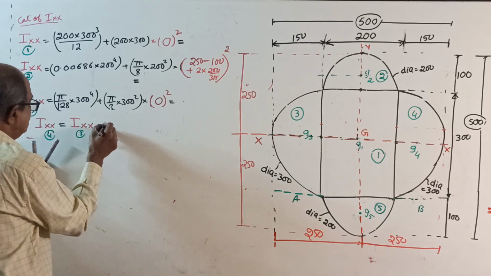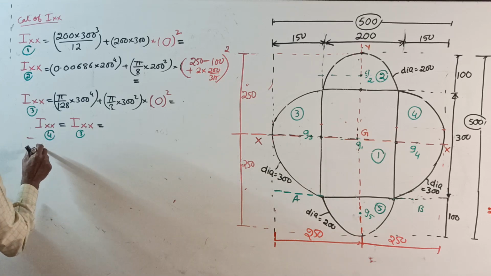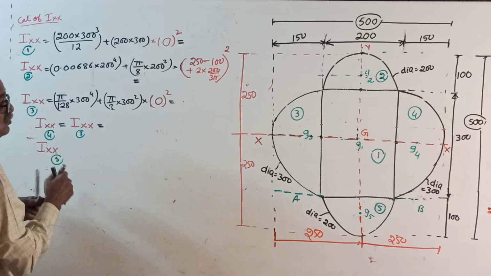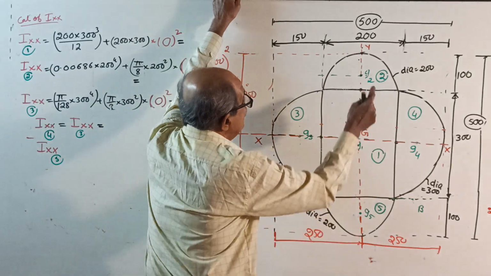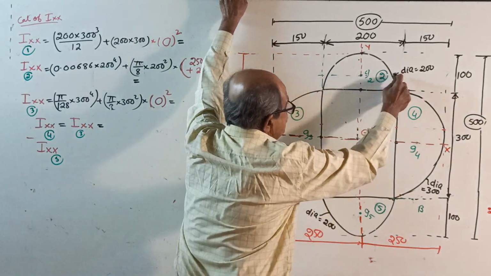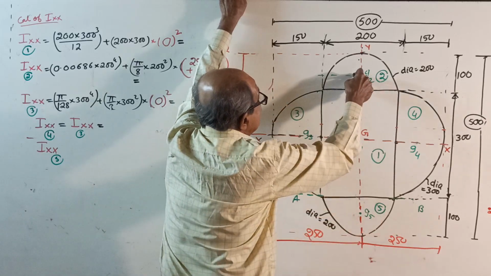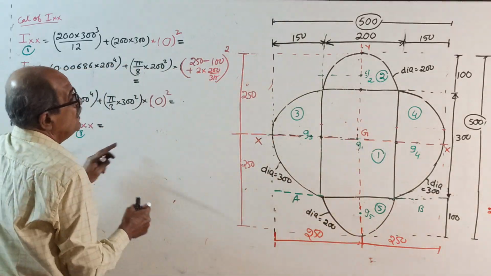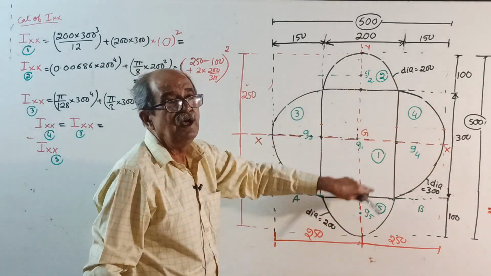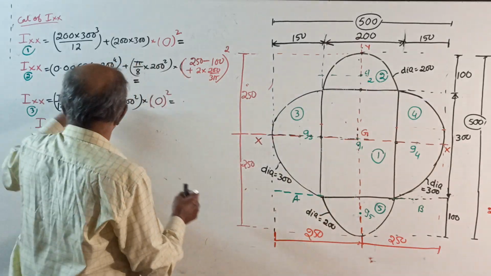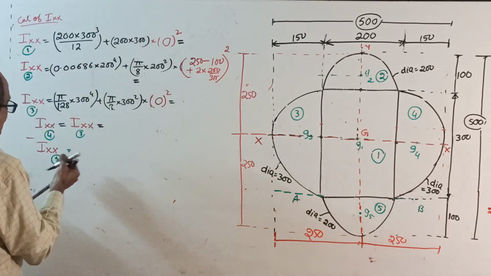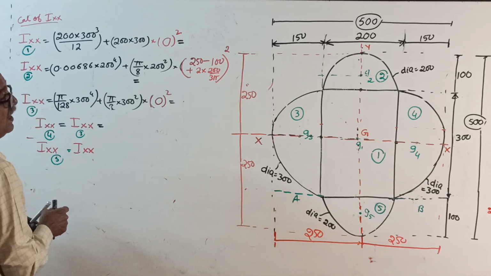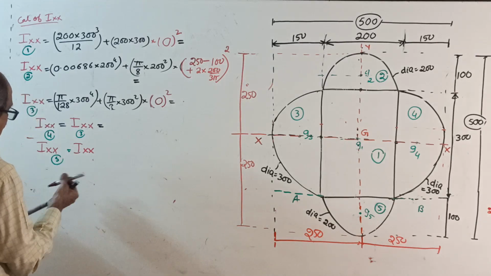Then IXX for 5. This 5 is the same: whatever is IG here is the same IG here, and whatever this distance square is, it is the same distance square. Because 2 and 5 are symmetrical about XX, IXX for 5 is the same as IXX for 2.